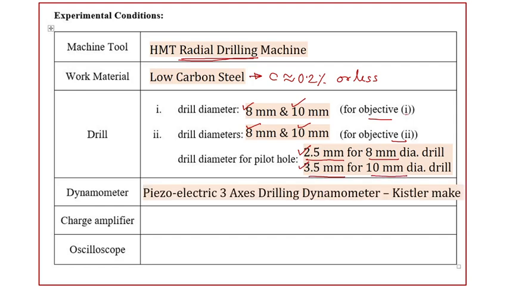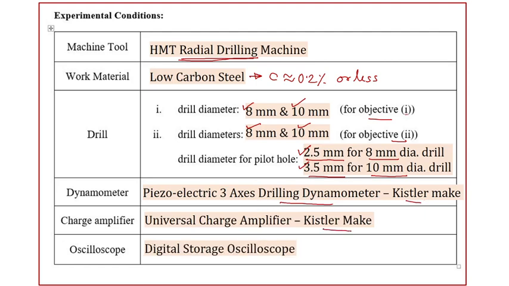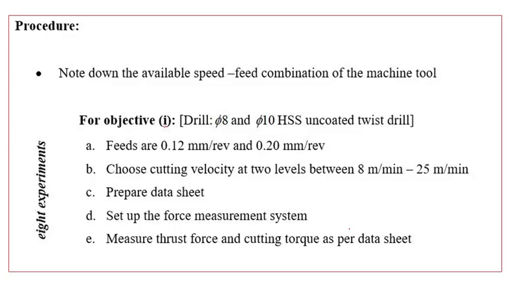We will be using a piezoelectric 3-axis drilling dynamometer made by Kistler, and we will be using single channel universal charge amplifier made by Kistler. And we would also have a storage oscilloscope where we will be acquiring the force signal and the torque signal. There would be a demo video along with this. That would be uploaded separately. All the arrangements you can see in the demo video very clearly.